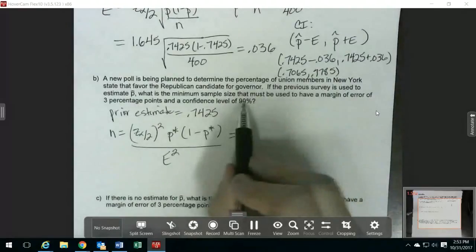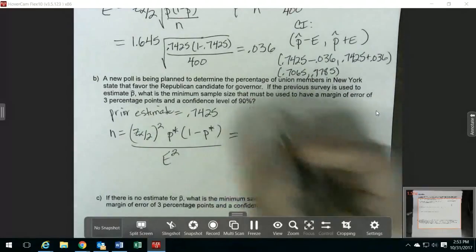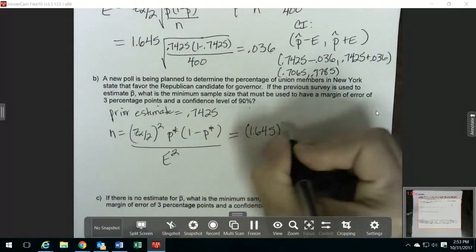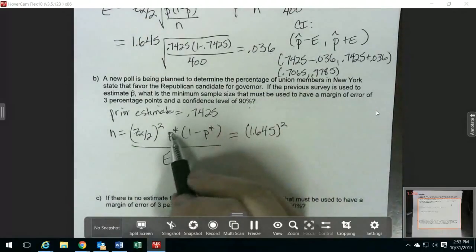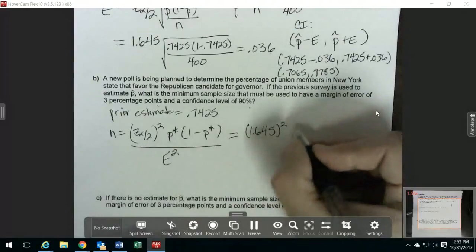So we can plug these things in. Our critical value is 1.645, just like it was up here, since it's a 90% confidence level. So we have that. We're going to plug in 0.7425 for our p star.